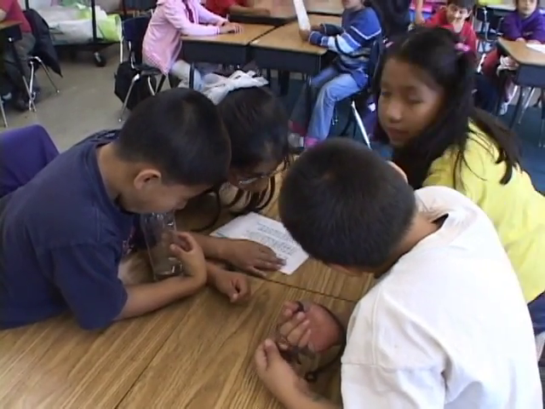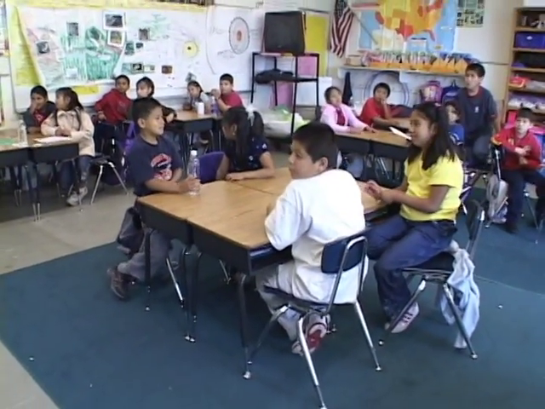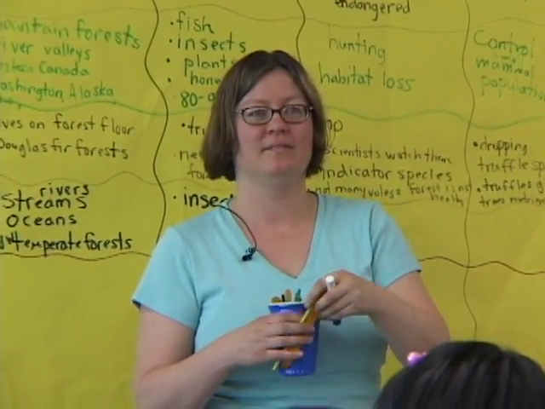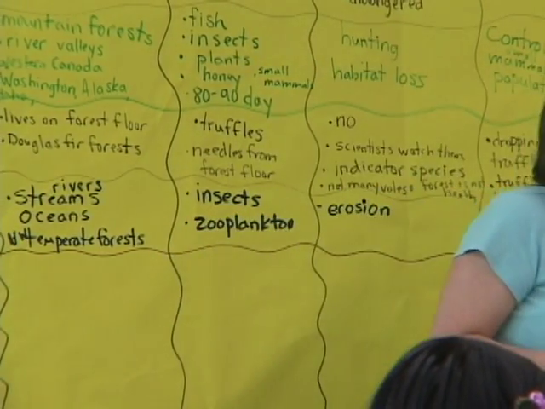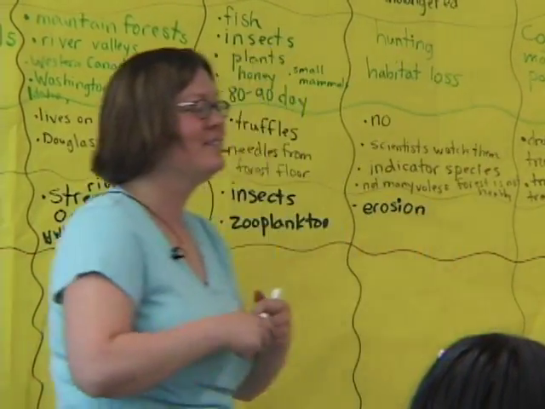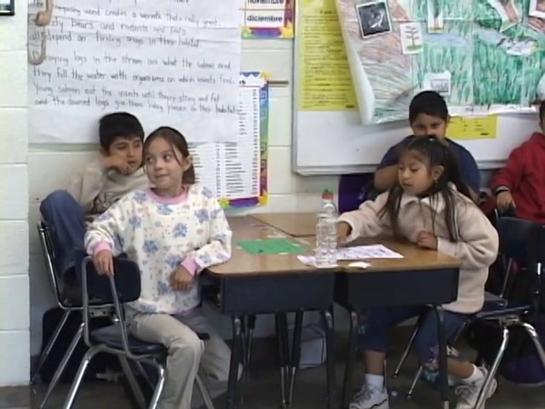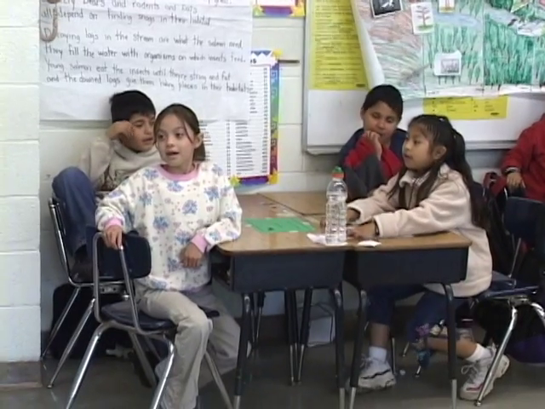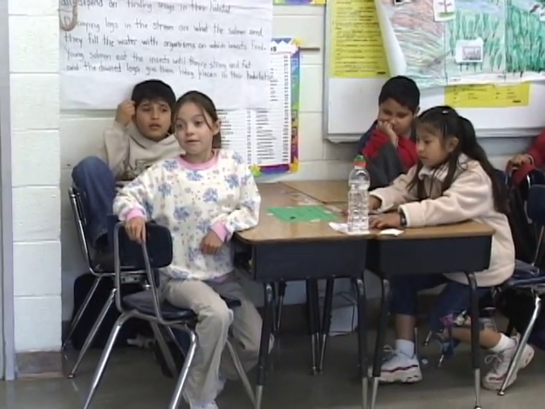1, 2, 3. Eyes on me. Yellow, number 1. The bug gets into the water and covers the little gravel. Right.